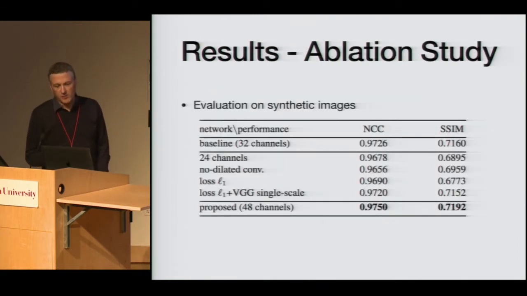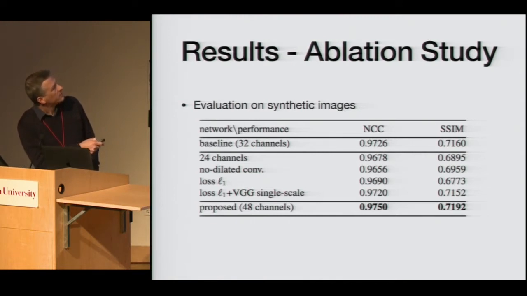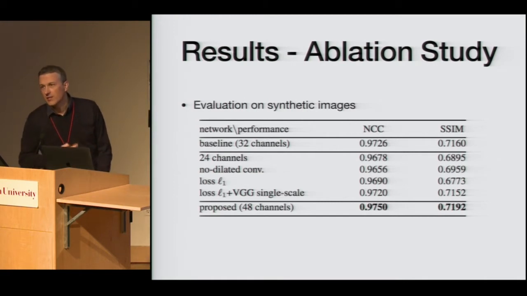So here are some ablation studies to show that every component we use has a purpose and has an effect. We use the normalized cross-correlation and structural similarity as metrics. These are probably not the best metrics to measure quality of images, but these are widely used. So at least we have some understanding of what they do.